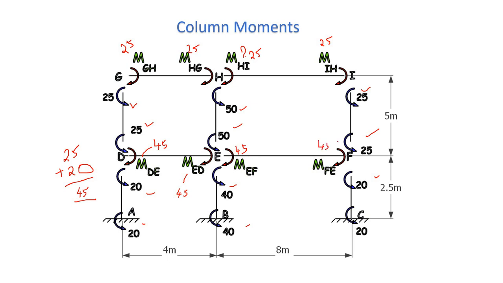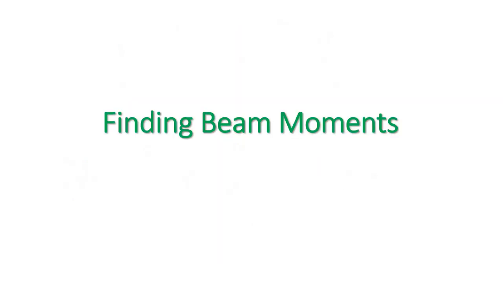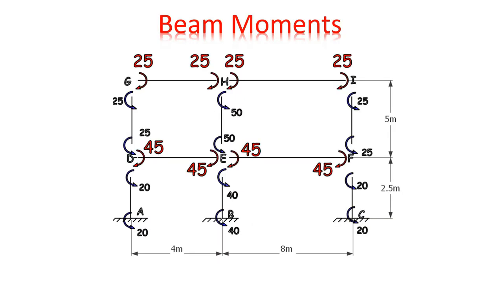You can cross check it with the column moments: 25 plus 20 is equal to 45. Yeah, this is how we estimate the beam moment, and it's represented here. At each and every joint, you can find that the beam moments and column moments nullify the effect of each other. So by using the summation of moments acting at the joint equal to 0, you can evaluate the moments of the beams from the column moments.